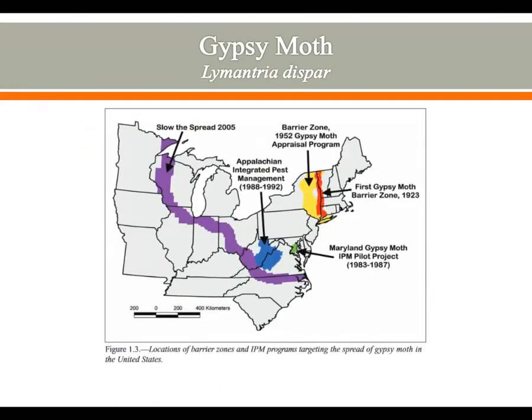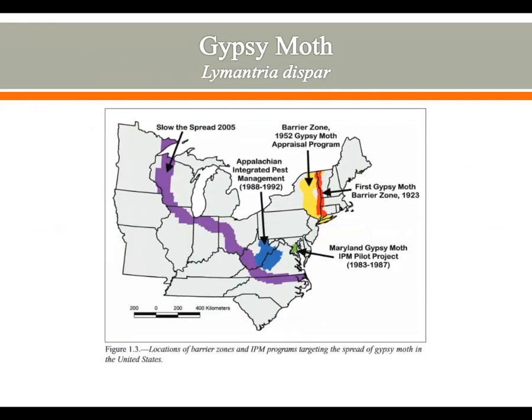This map here shows some of the barrier zones that were used. The first one over there was in 1923, which was along the New York border with the eastern New England states. And then a second barrier zone was put up in 1952.